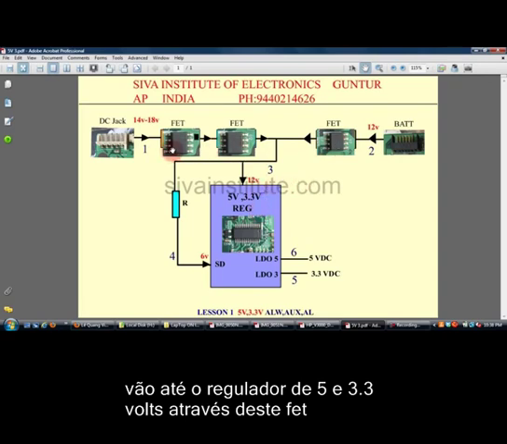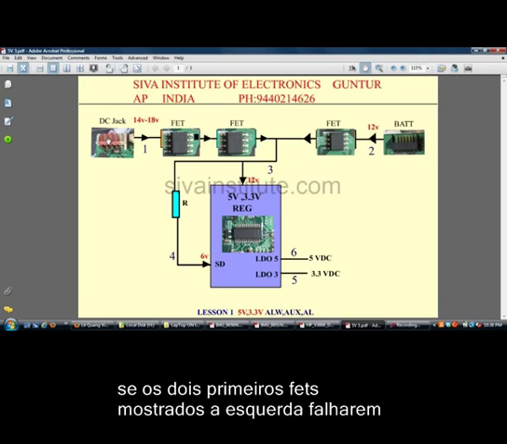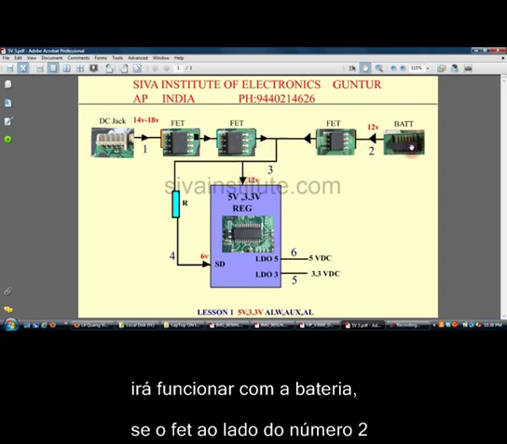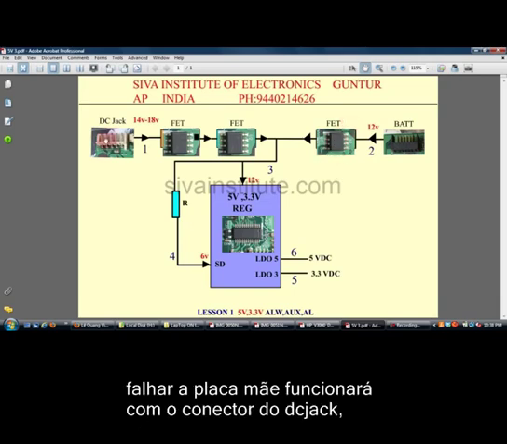If this one is faulty, the motherboard cannot work with the DC adapter, but it will work with battery. If the other one is faulty, the motherboard will work with the DC adapter, but will not work with battery.